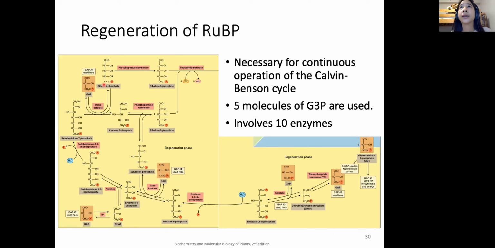Where is it? I can't see. Anyway, this step involves 10 enzymes, and it is important for the continuous cycle of the Calvin-Benson cycle.